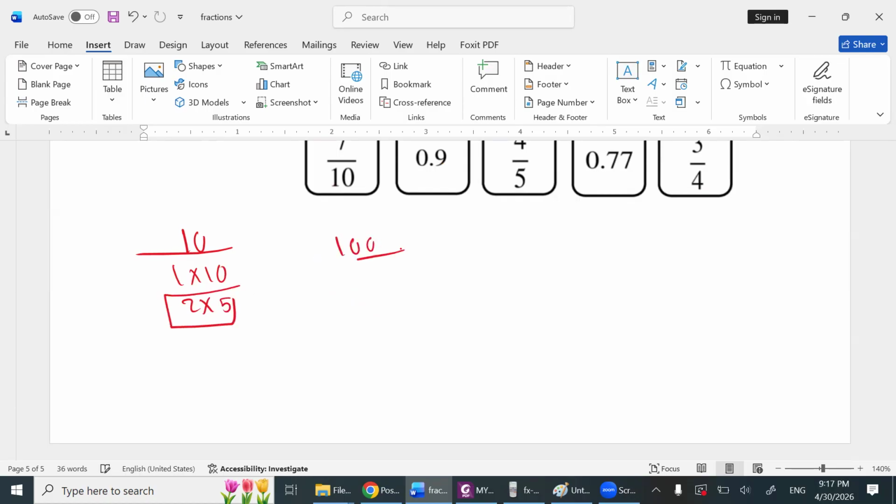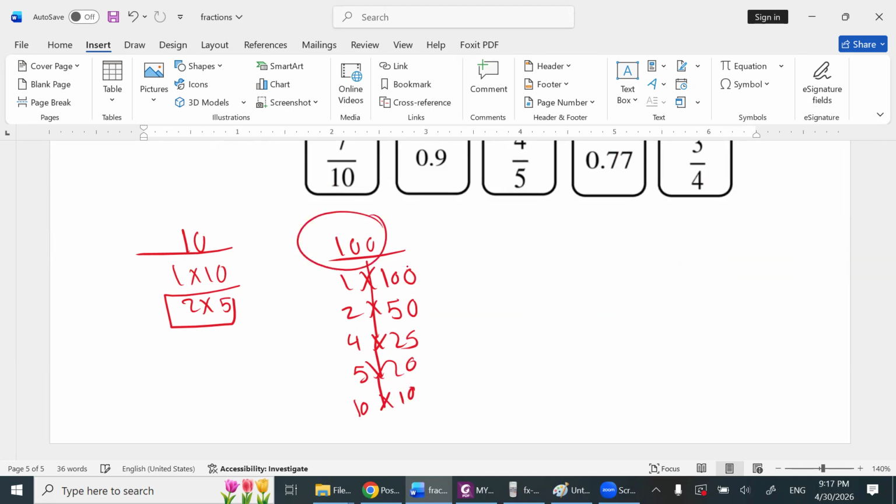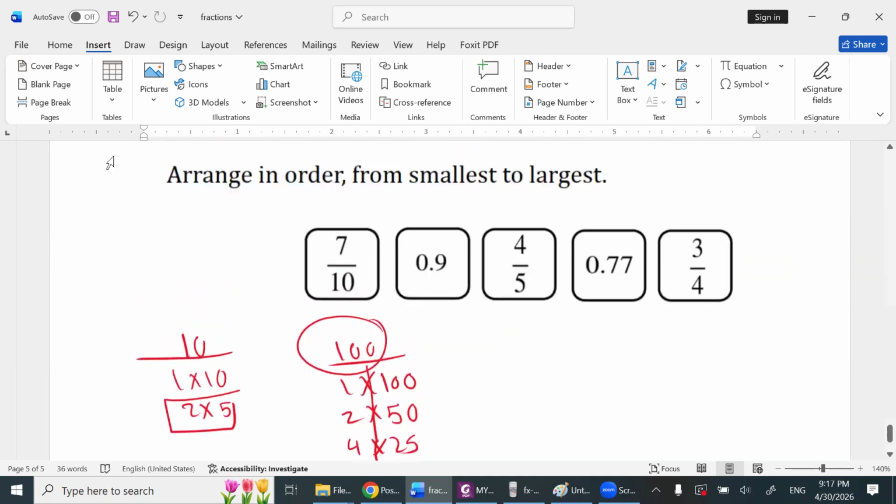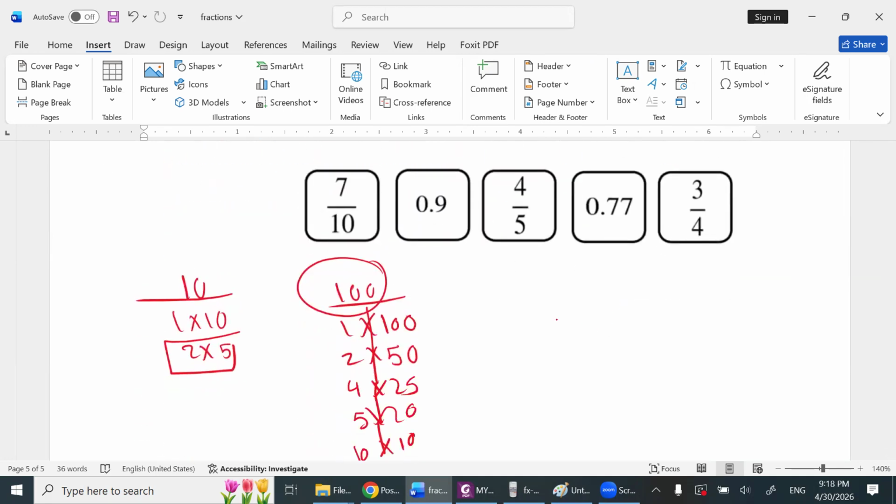How could you get 100? 100 is 1 times 100 or 2 times 50 or 4 times 25 or 5 times 20 or even 10 times 10. How could you get 1,000? You can find 1,000 by 8 times 125.